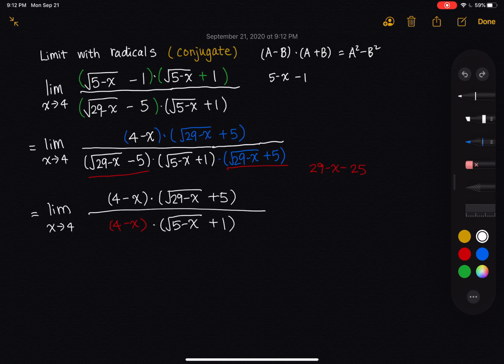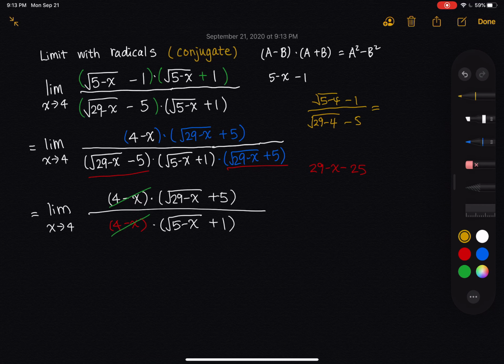I'm going to use a different color. You see the expression looks almost the same, except it's flipped, but this is the reason why it solves the problem now. If you look back, when you have square root of 5 minus x, you plug in 4, and then minus 1 on the top, and then square root of 29 minus 4 minus 5.